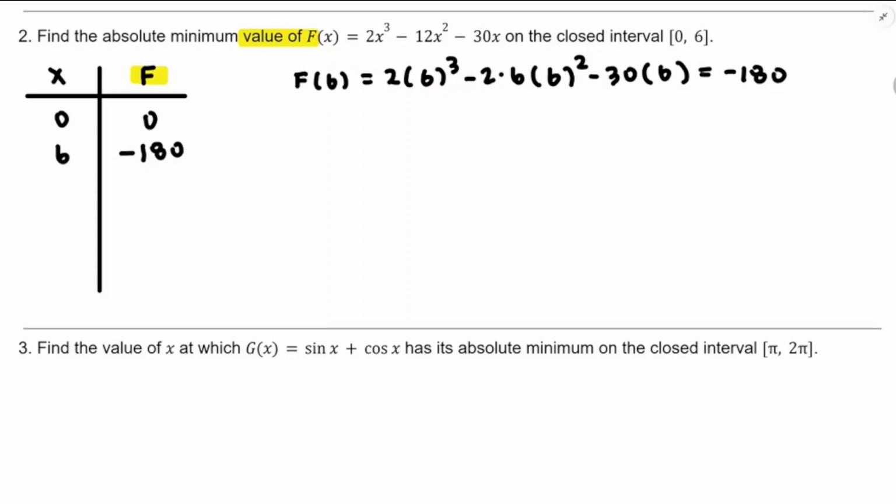Now I need to check the critical points. So I need to be very clear about what I'm doing here. I'm going to set f prime of x equals 0. Say f prime of x is 6x squared minus 24x minus 30. Okay, this is looking pretty factorable.